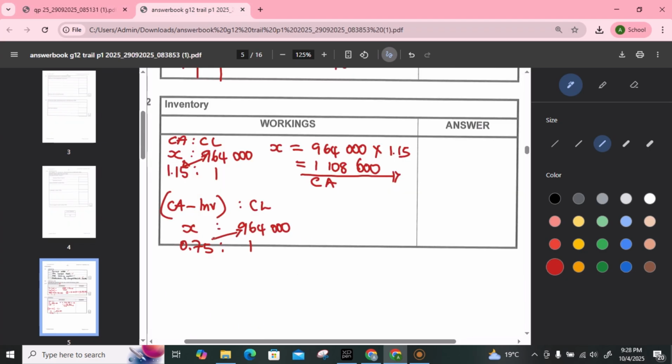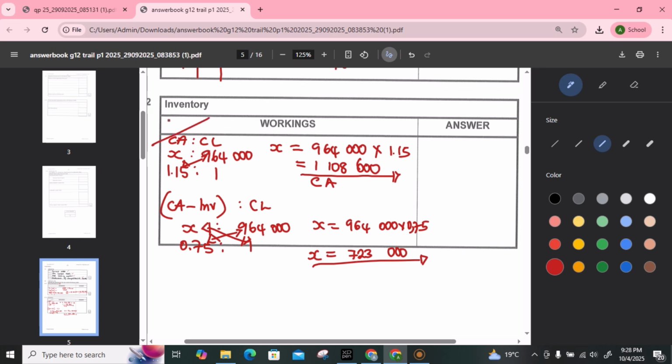So to find X, we cross multiply. So X is equal to 964,000 multiplied by 0,75. Therefore, X will give us 723,000. And this is the amount that was used in our asset test.